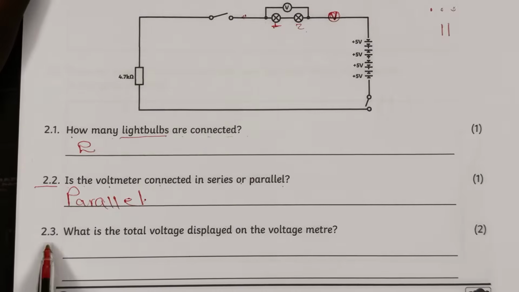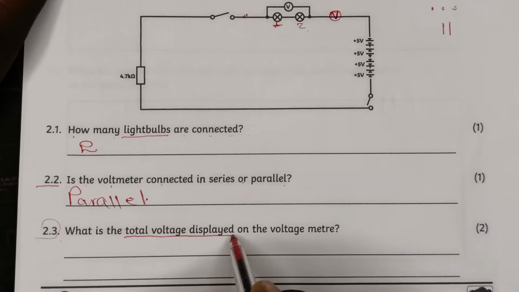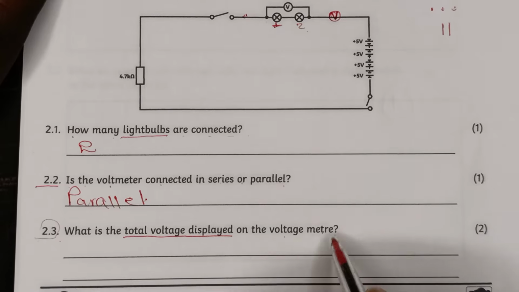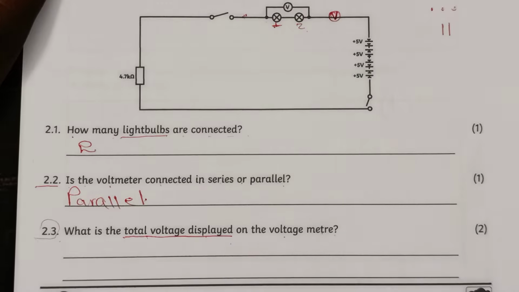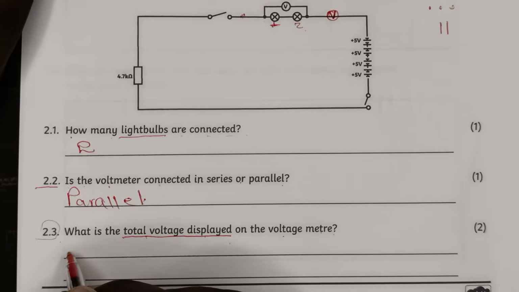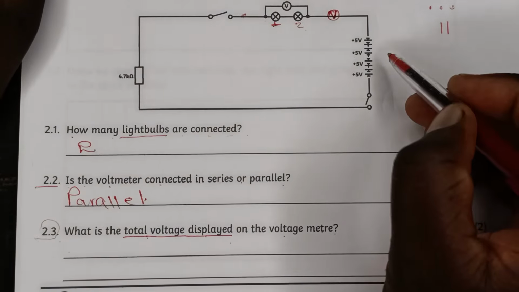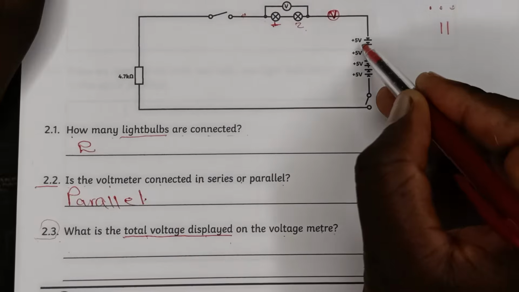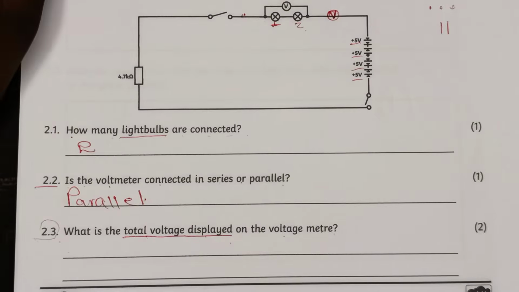Right, we go to question 2.3. 2.3 says, what is the total voltage displayed on the voltmeter? So let's calculate the voltage. The voltage that we have is 5, 10, 15, 20.